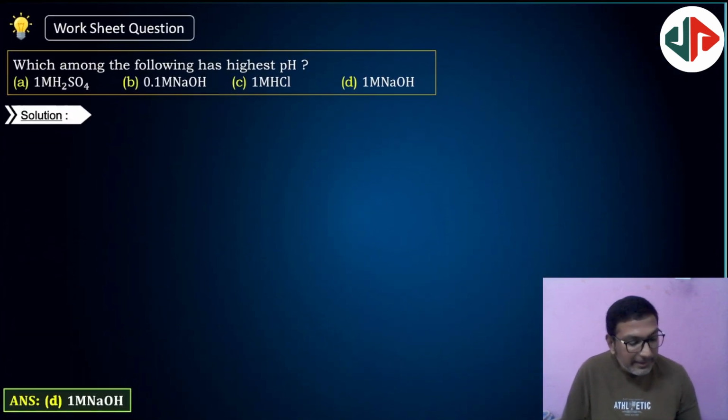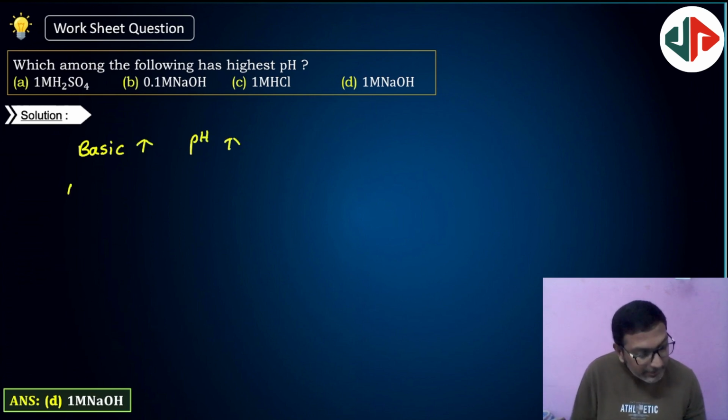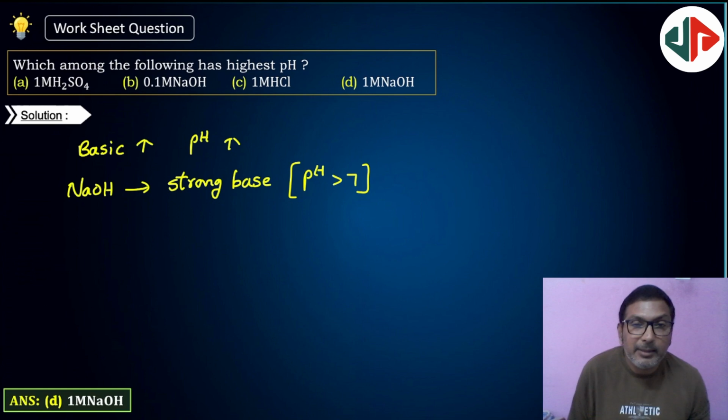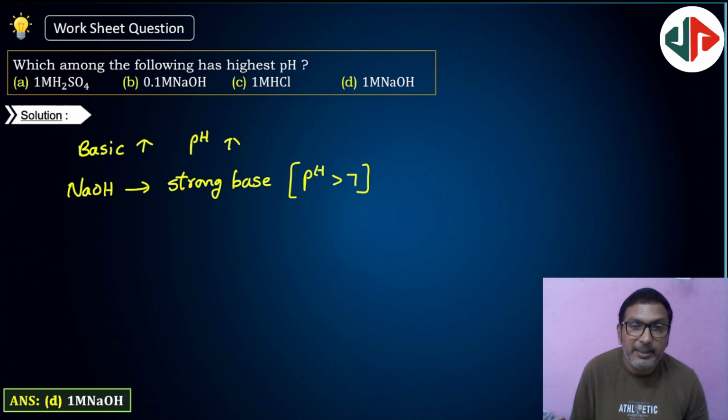Next, which of the following has the highest pH? As the basic nature increases, pH increases. NaOH is a strong base. Therefore, pH is greater than 7, so it has the highest pH among those given. The remaining are H2SO4, NaOH, HCl and 1 molar. Here NaOH concentration is more in option D. Therefore, pH will be highest.